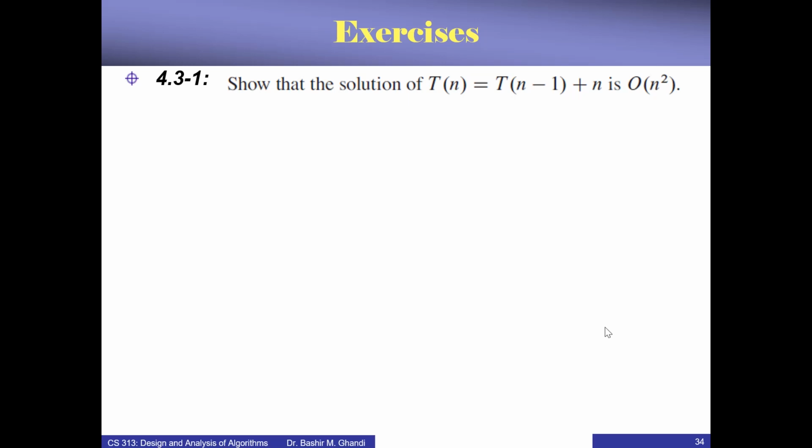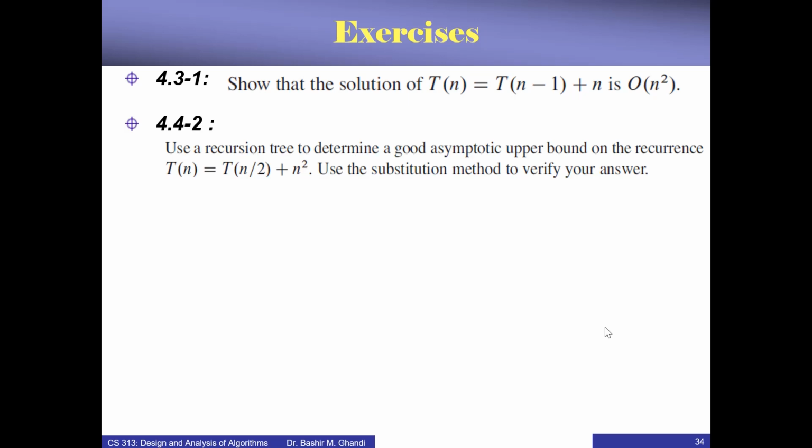First one says show that T(n), which is equal to T(n minus 1) plus n, is big O of n square. And 2, use a recursive tree to determine a good asymptotic upper bound on the recurrence T(n) equal to T(n over 2) plus n square. After that, use substitution method to verify your answer.